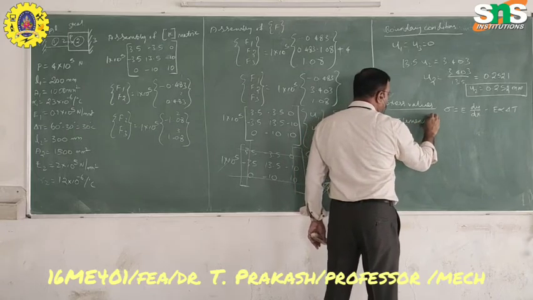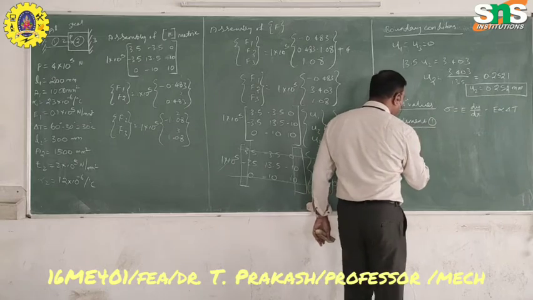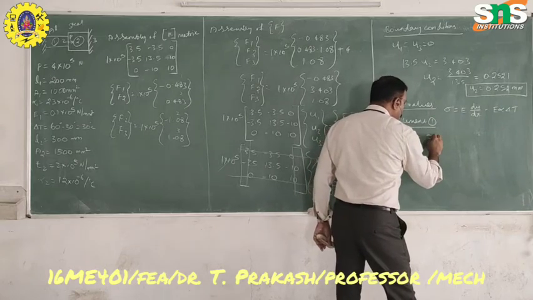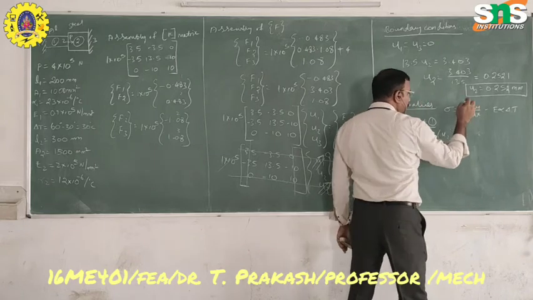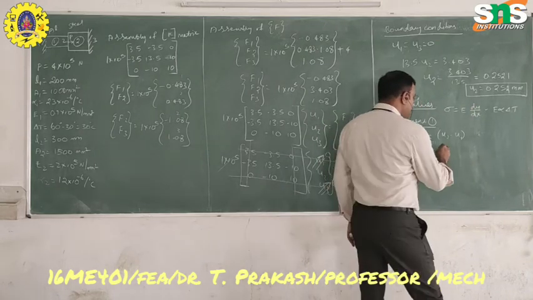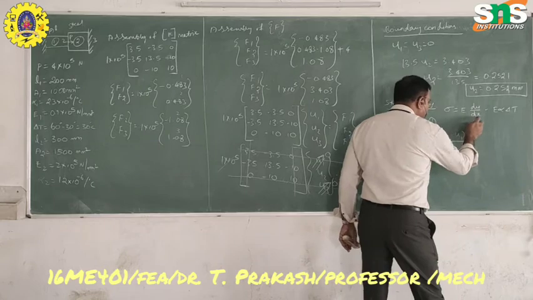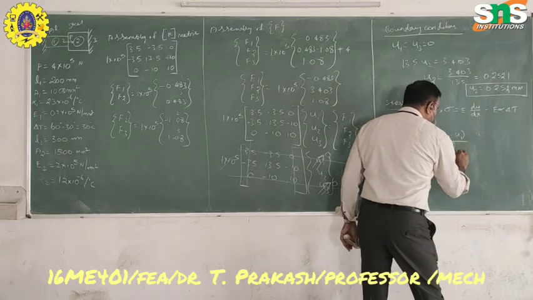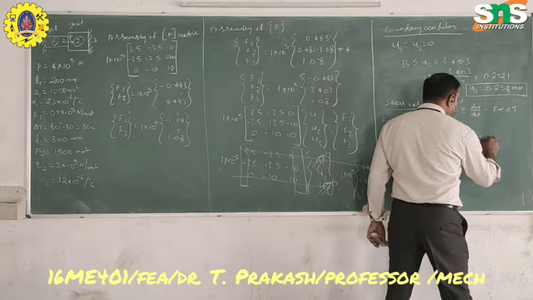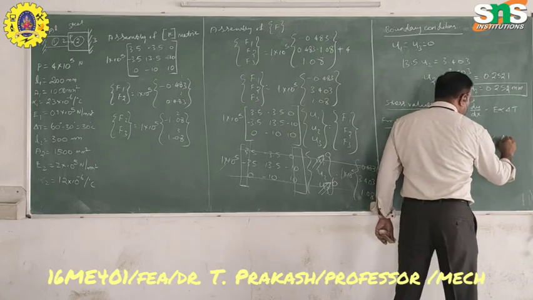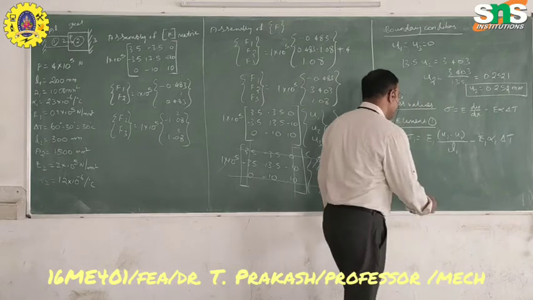you write the stress formula: sigma 1 equal to E1 into (U2 minus U1), the change in displacement at element 1, divided by dx, which is the length of the first element, minus E1 alpha 1 delta T. You substitute all the values.